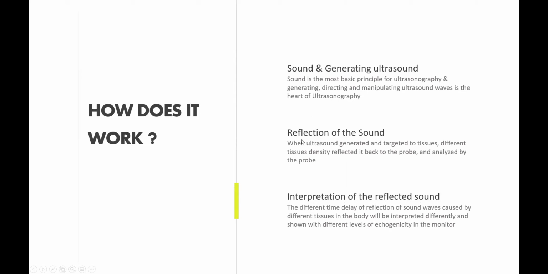When you direct and manipulate the ultrasound wave, you target the different tissues, and the different tissue densities reflect it back to the probe, where it is analyzed to produce the images.